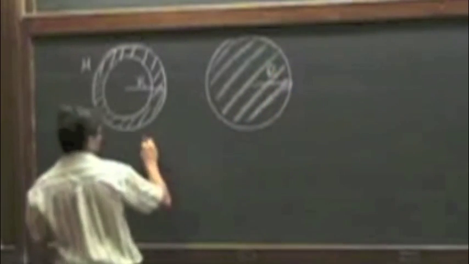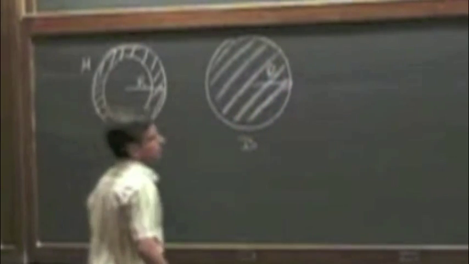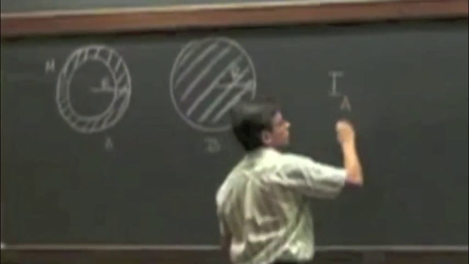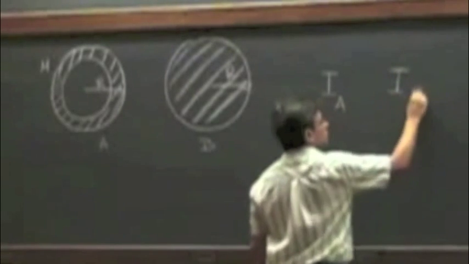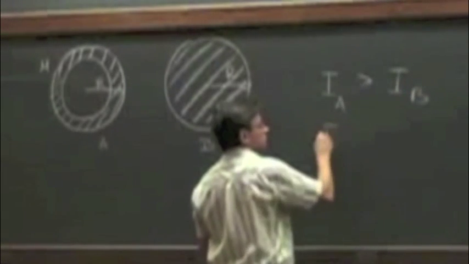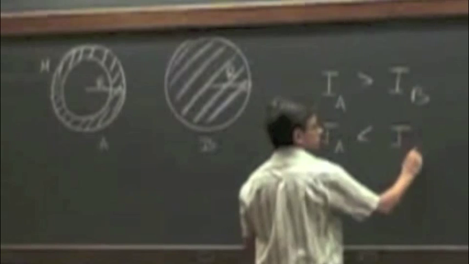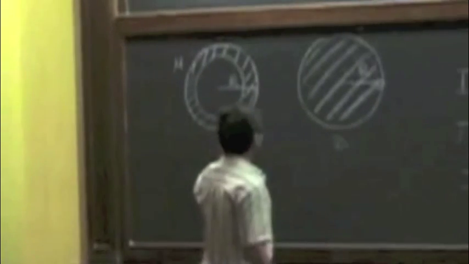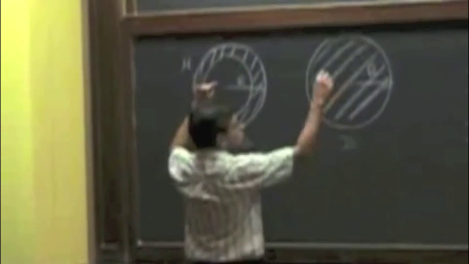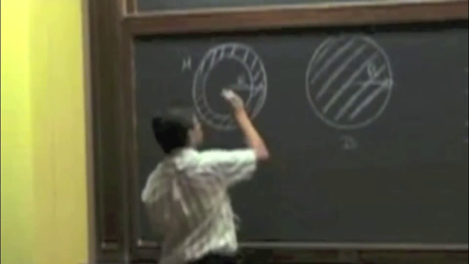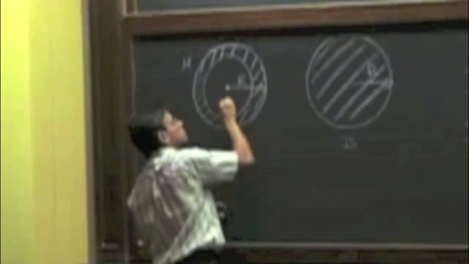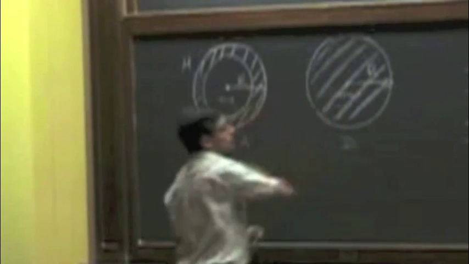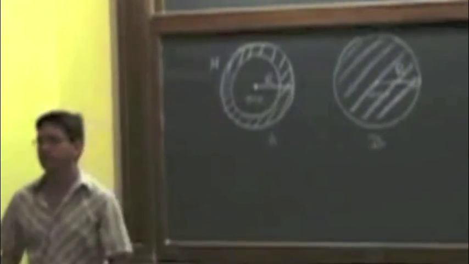Let's call this one A and this one B. How does the moment of inertia of A compare to the moment of inertia of B? Is it bigger? Is it smaller? Or is it the same? We're going to compare the moment of inertia of A with B as measured with respect to, okay, so let's say that this is the axis of rotation. So now it is clearly specified, and then you can answer the question.